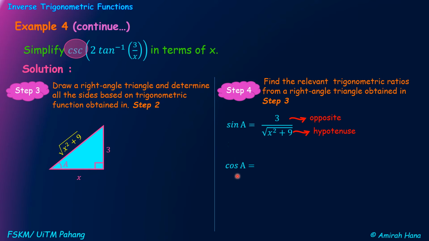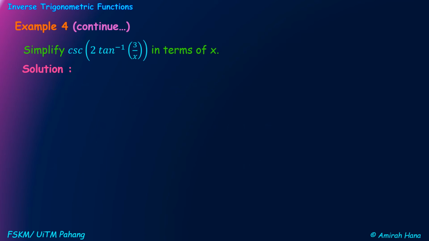And then we find cos A. Cos A equals x over square root of x squared plus 9. x means adjacent and square root of x squared plus 9 means hypotenuse. After that, we continue with step 5.